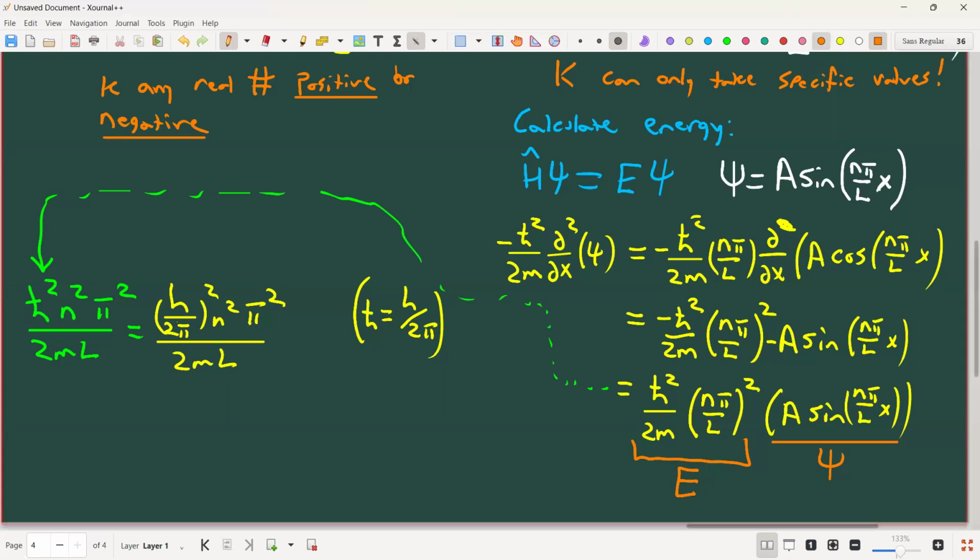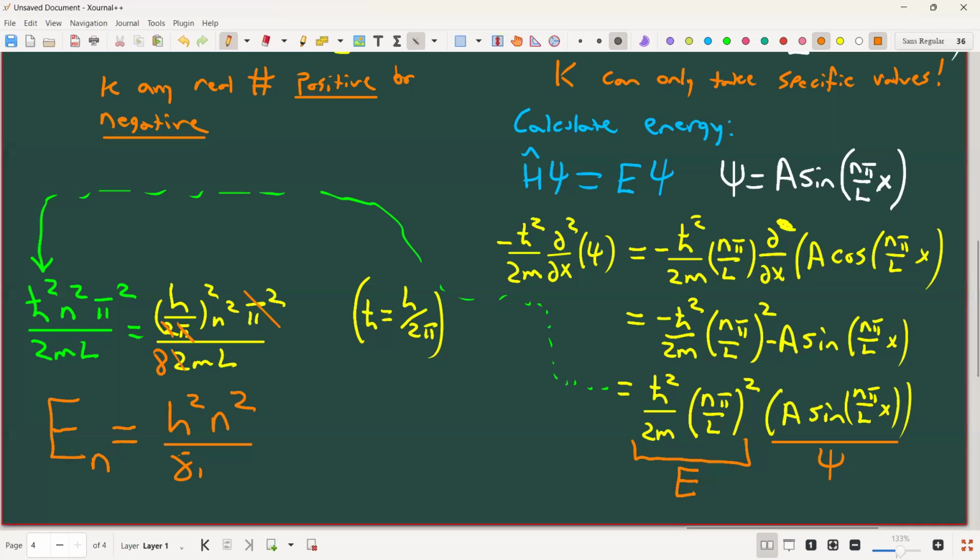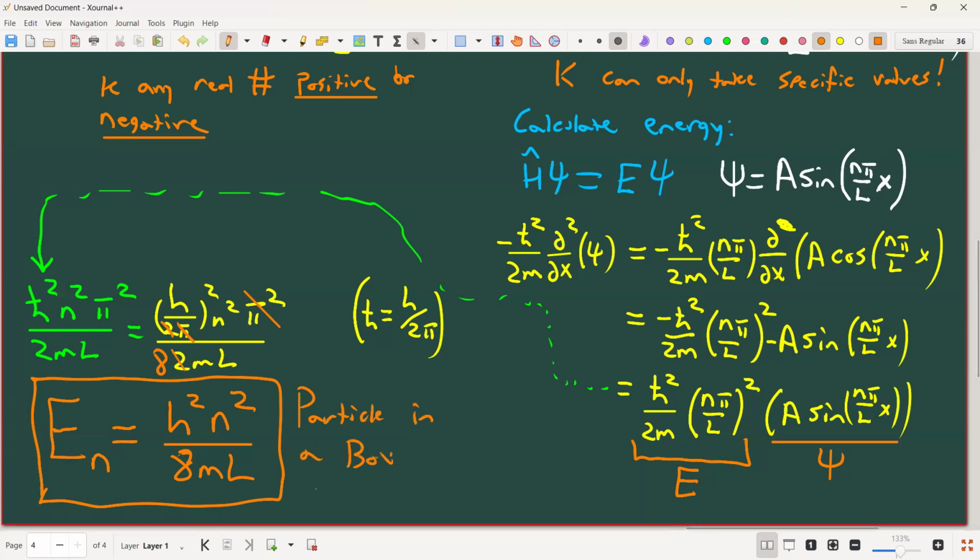Let's just do some simplification. The pi's cancel out. We get a factor of 8 in the denominator from 2 squared times 2. And so we're left with the energy, which is a function of the integer n, is h squared n squared over 8mL squared. Right, this is our particle in a box energy.